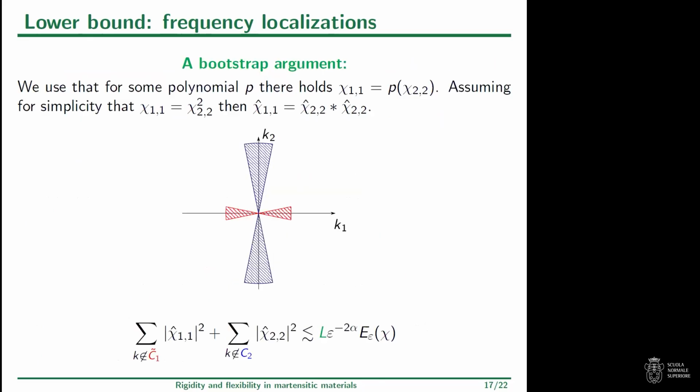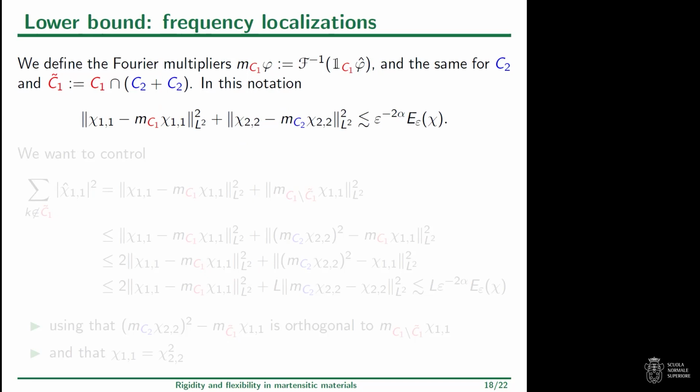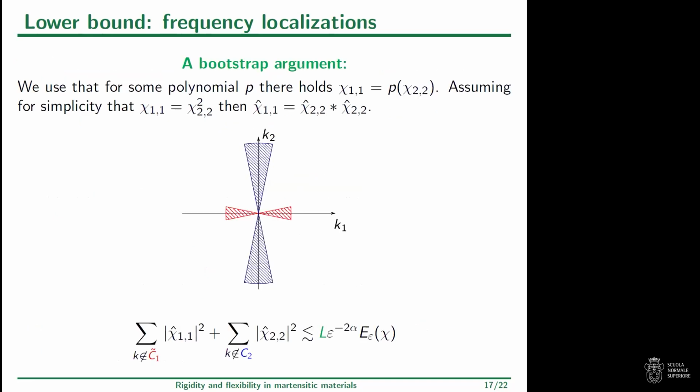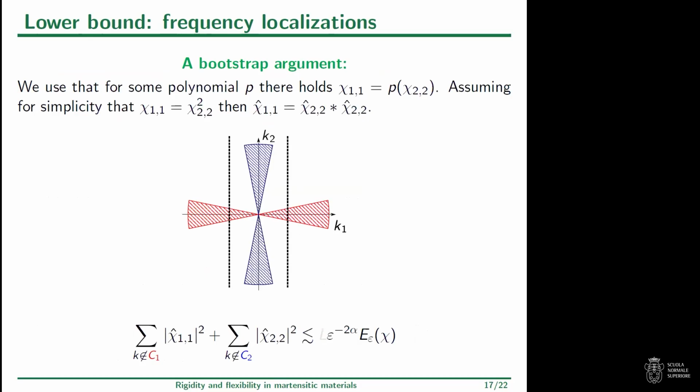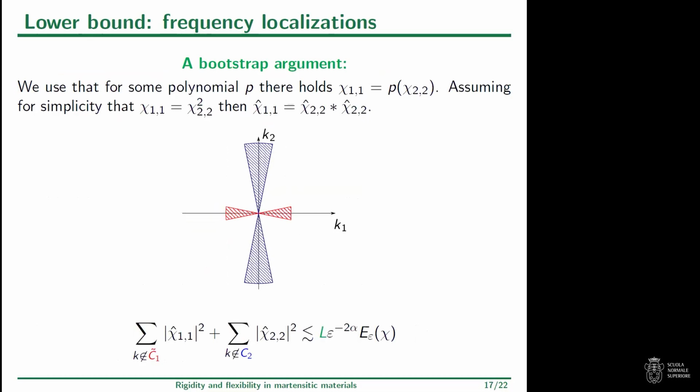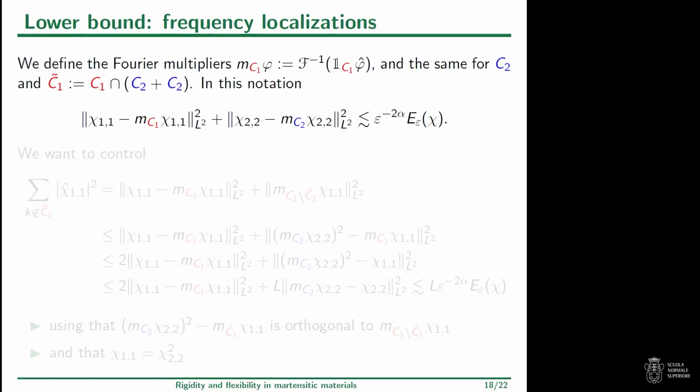So M_C1 of Chi11, for instance, is just the function whose Fourier transform is restricted to the cone. Then I define this smaller cone, as I said, as the first cone intersected with C2 plus C2, this stripe here. With this notation, what I wrote before can be rewritten in this way, because this is concentrated outside the cone.